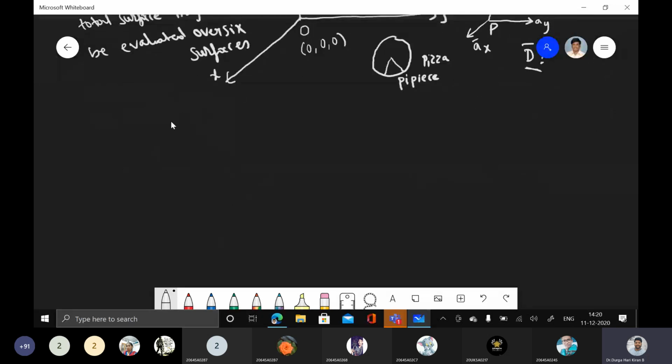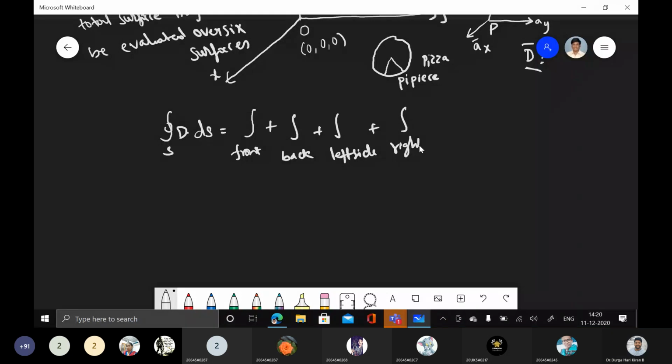For finding the total surface integral, we have to take the integral over the front plus the back plus the left side plus the right side plus the top plus the bottom. So if we add all the surface integrals, we get the total charge enclosed.